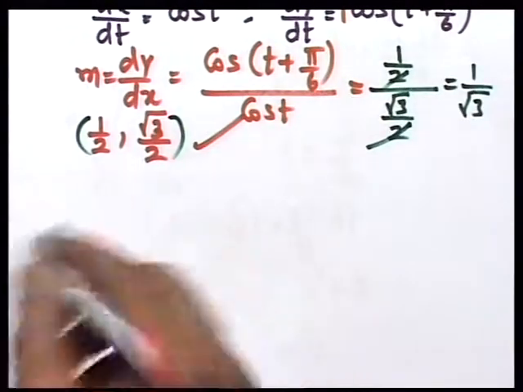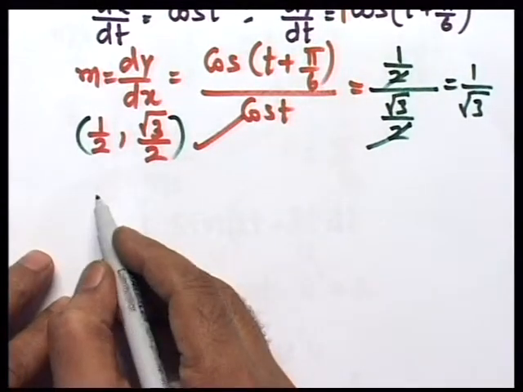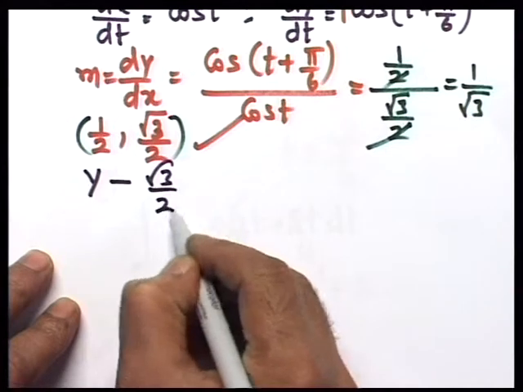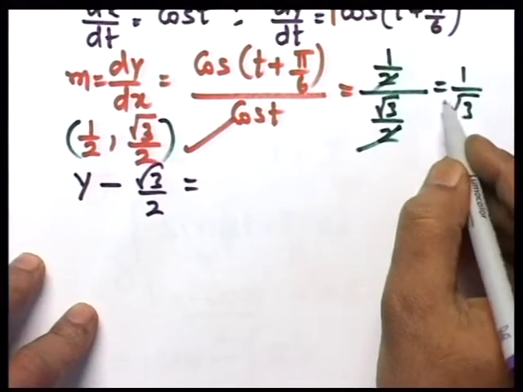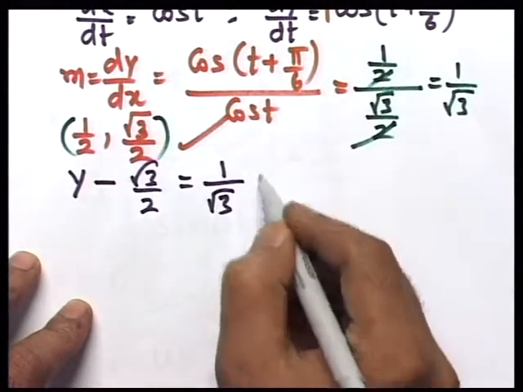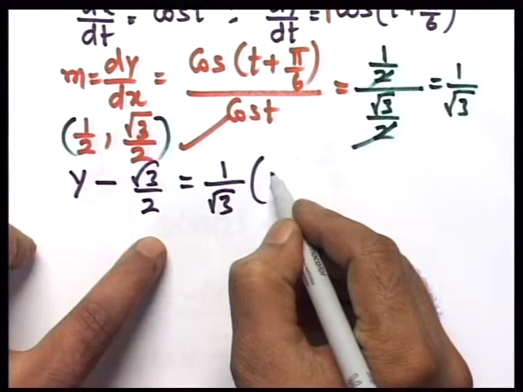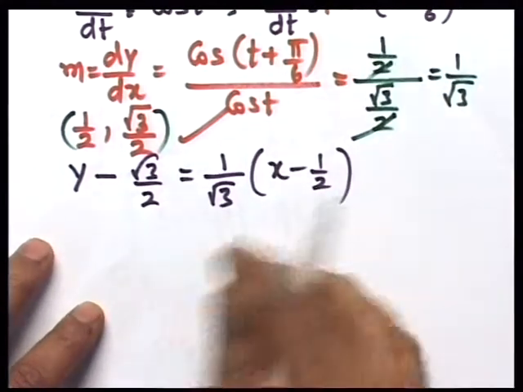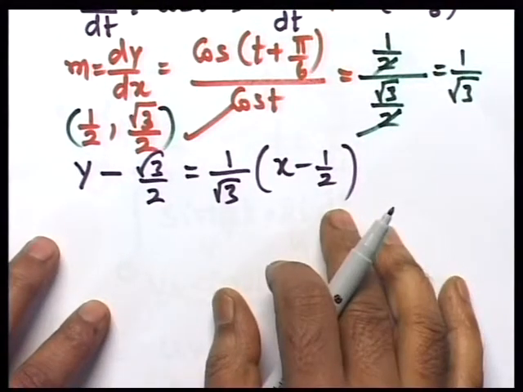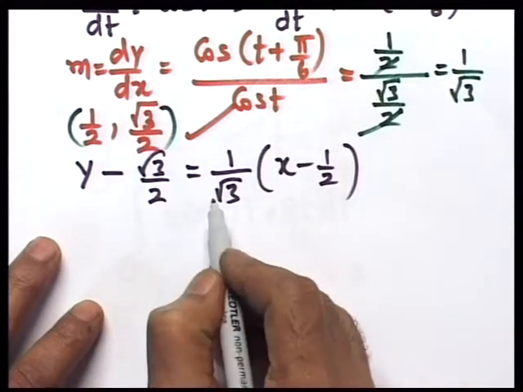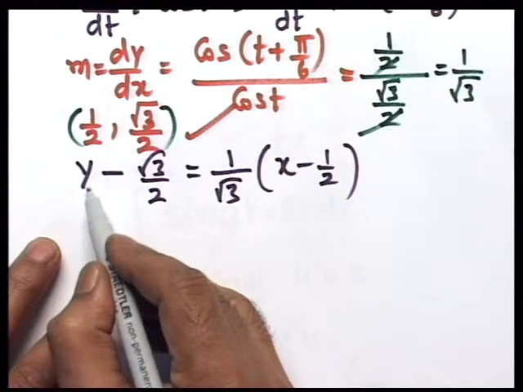So it's going to be y minus y1, which is root 3 over 2, equals the slope, 1 over root 3, times x minus x1, so x minus a half. That's what we have. We can open the brackets first and then times by 2 root 3, or let's keep y on the left hand side.